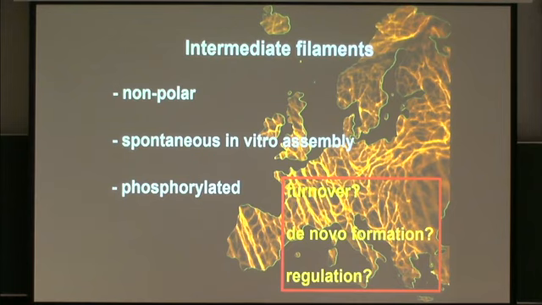So what we still don't know, and I don't have an answer for that, is if they spontaneously assemble, how is their turnover regulated in the cell? I mean, it must be dynamic, must be flexible. If they're non-polar, how do they know where to start and where to end? And how is this assembly procedure regulated in a real cell? And that's probably through post-translational modification.